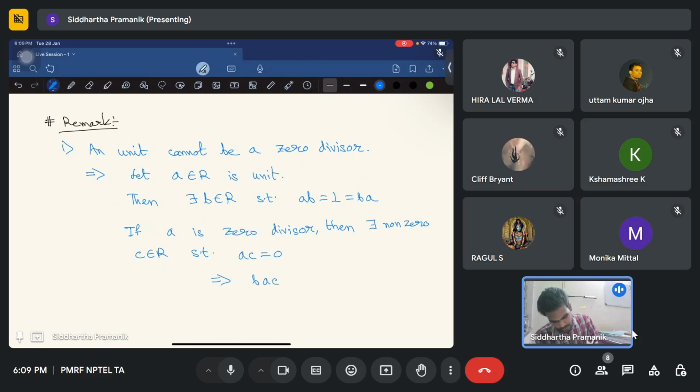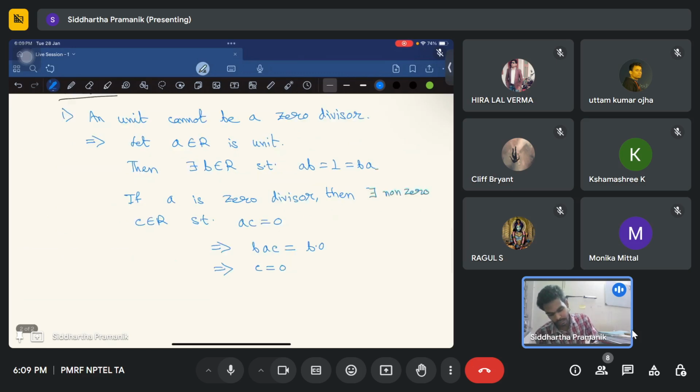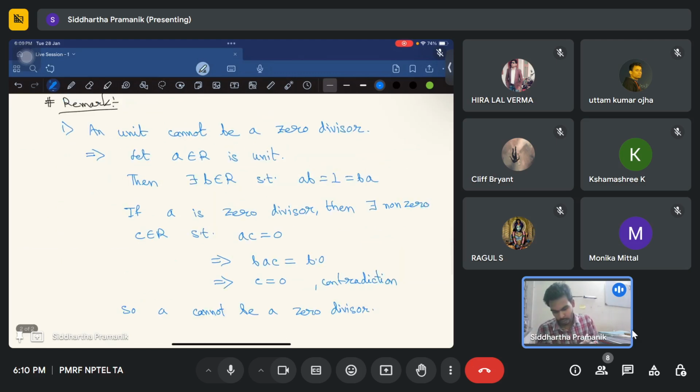So B times A times C equals B times 0. That means C equals 0. But this violates that C is a non-zero element. So this is a contradiction. So A cannot be a zero divisor. So units cannot be zero divisors.